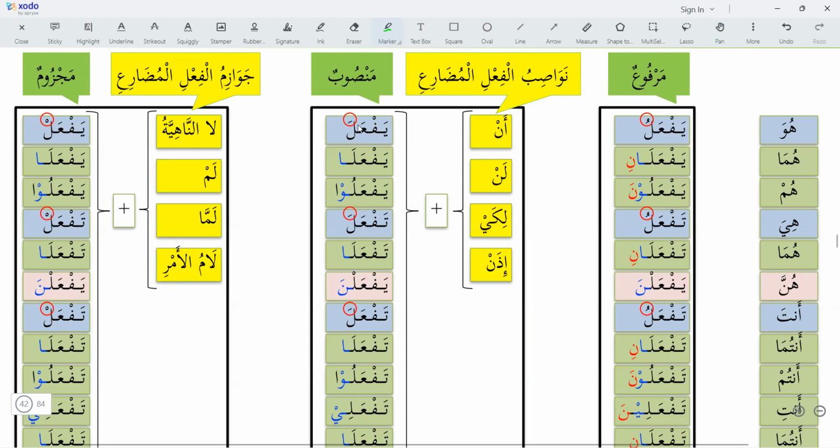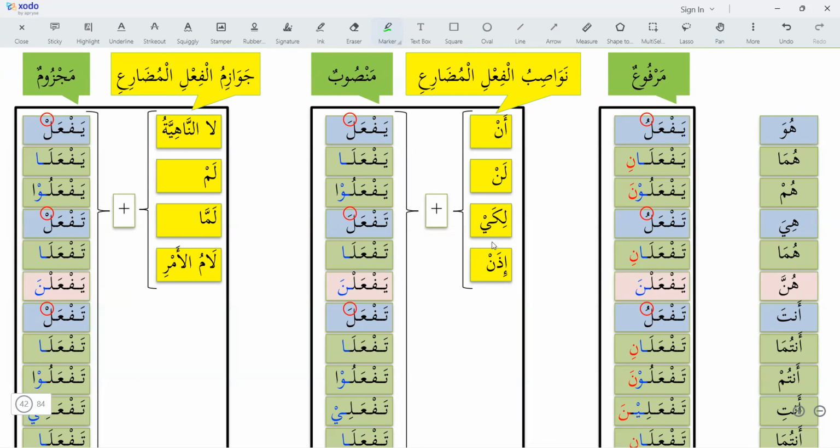The second is lan, lan yaf'ala. The third is likay yaf'ala. And the fourth is izan yaf'ala. These are the four particles that change the fi'l mudare from marfu to mansub.